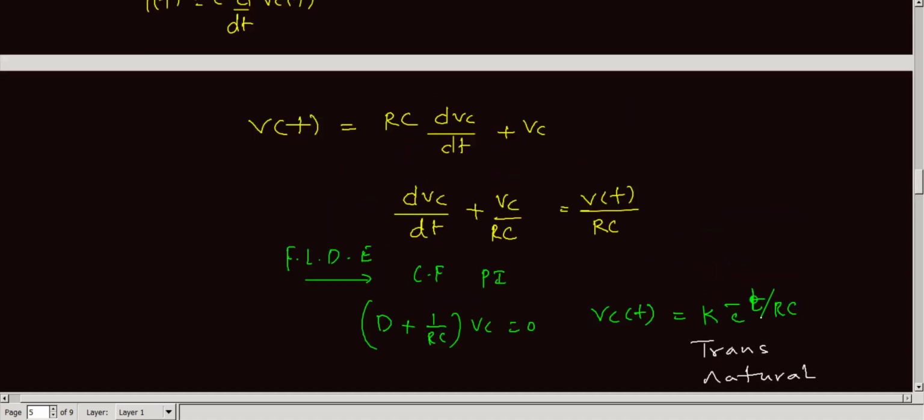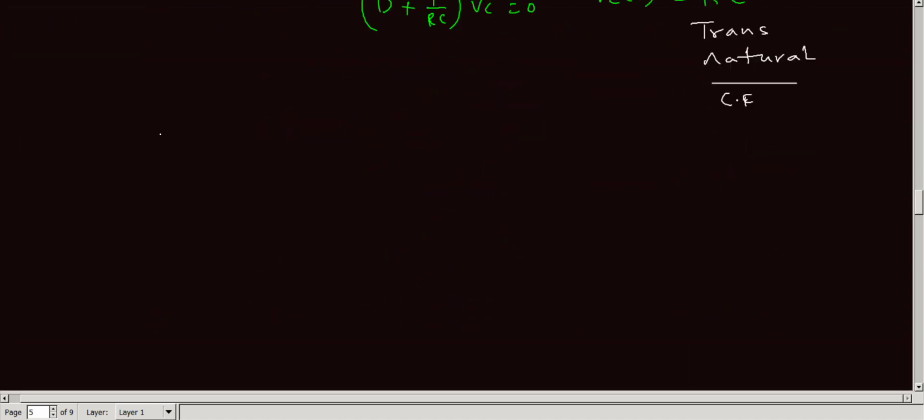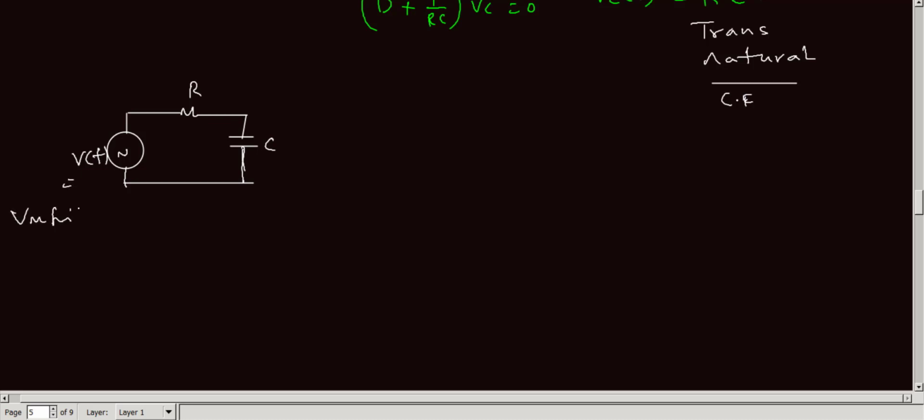Now I want to find the particular integral for this circuit. For the series RC circuit, V of t equals Vm sine of omega t plus phi, with current I of t and voltage Vc of t across the capacitor.